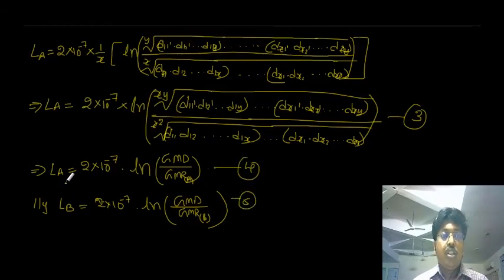Now this is the inductance value of conductor A, that is obtained as 2 into 10 power minus 7 into logarithm of GMD by GMRA, where GMD is the numerator term of this logarithm and GMR is the denominator term. We will discuss later.